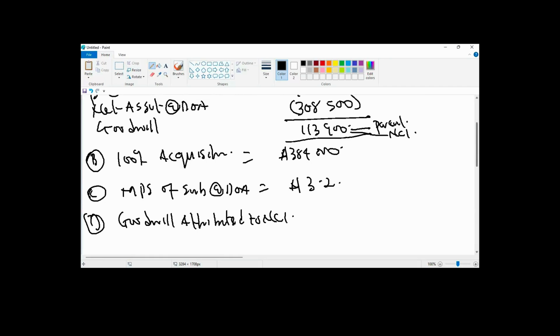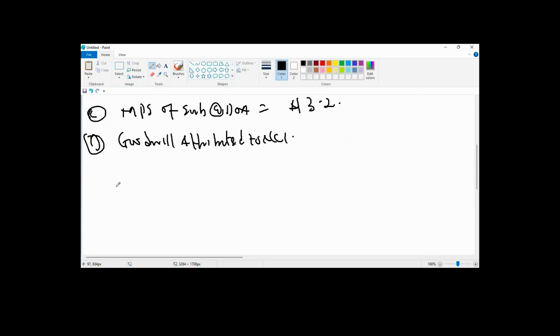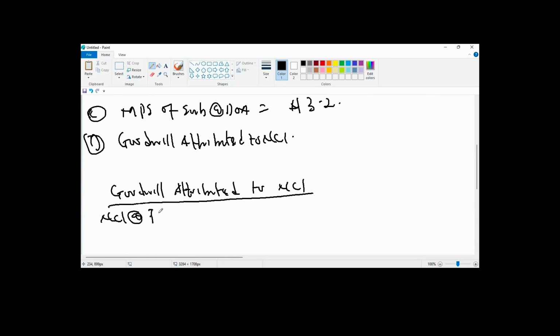To get the goodwill attributed to NCI, it will be NCI at fair value, which is 76,800, minus NCI percentage on net assets at the date of acquisition.